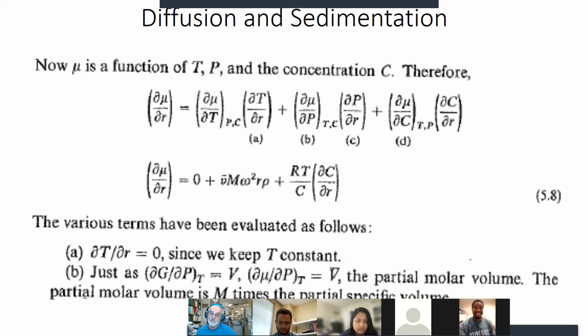If there is, there might be convection, so that could be a problem. The pressure dependence reflects the increased distance away from the center of the rotation and the fact that there's more force on the solution.